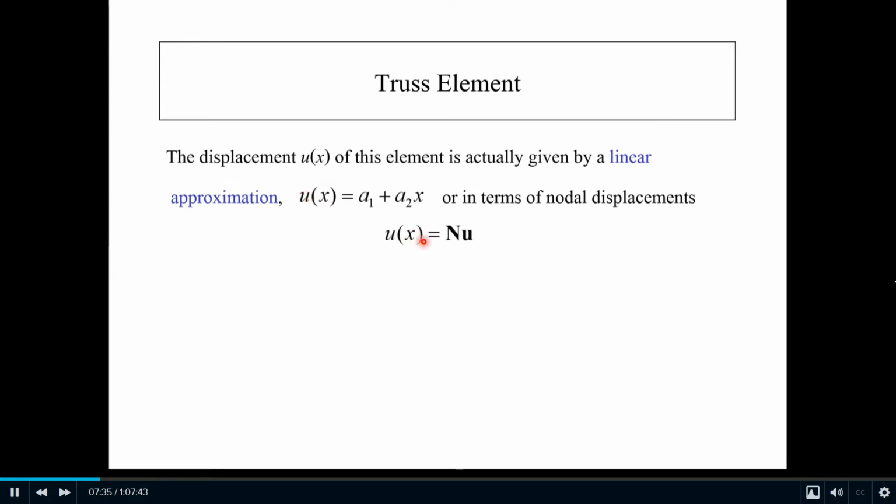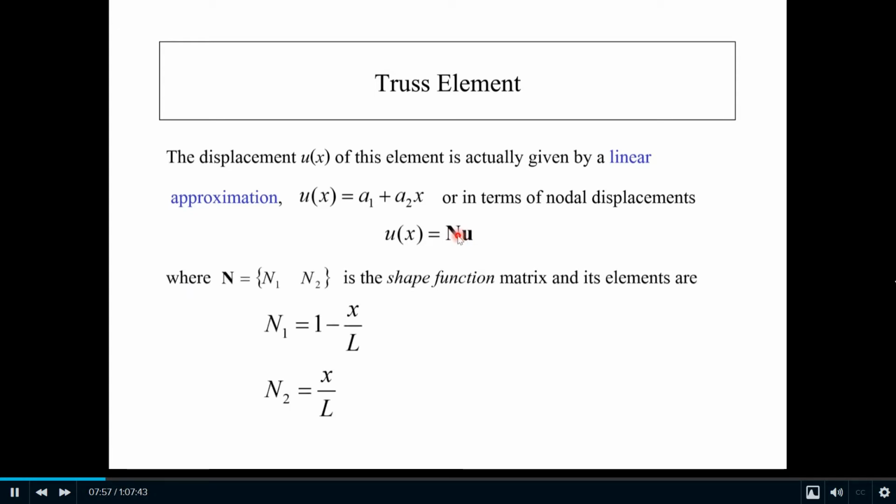And this matrix N that relates the displacement approximation and the nodal displacement, we call the shape function. So this is the shape function for this element, and it is given by this equation.